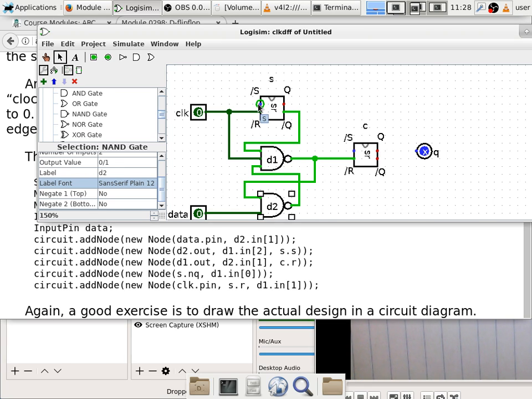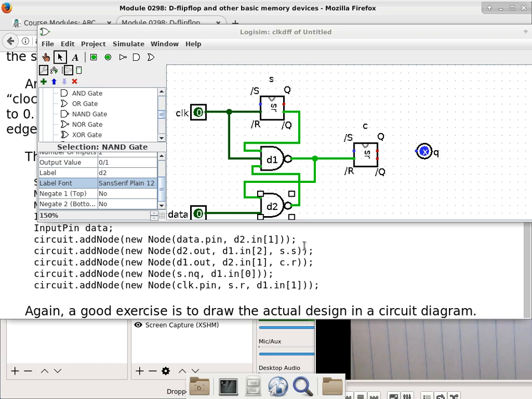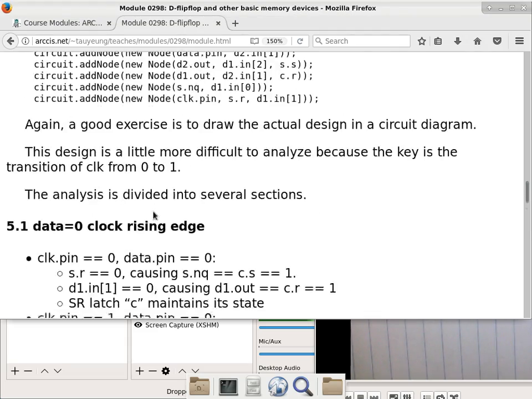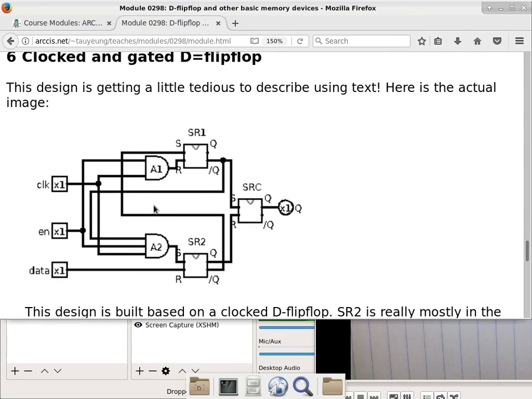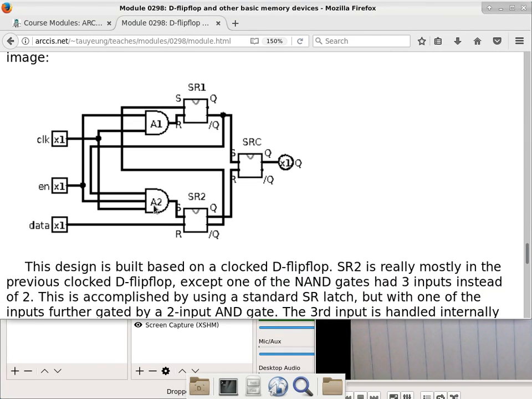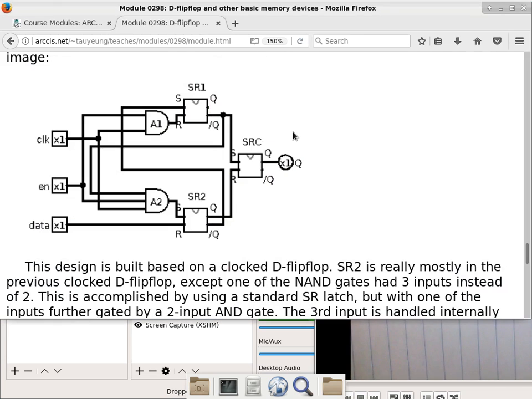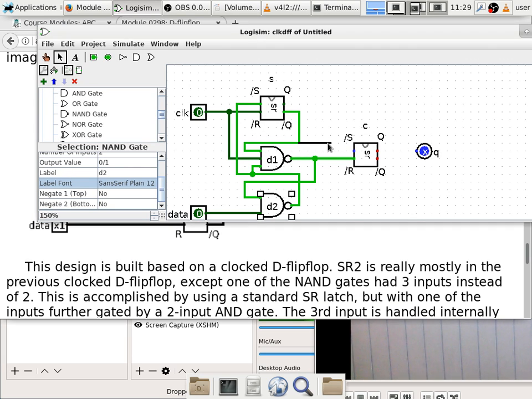S.S is here, so it's D2.out, which is this wire, and also goes here. I'm going to cheat a little bit and look at the picture that I drew later. It's a little bit different, but it's very close. So we know the /Q is what also hooks up to S here. Okay. And then this connects here. There we go.